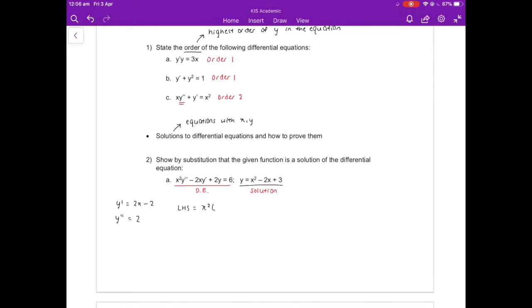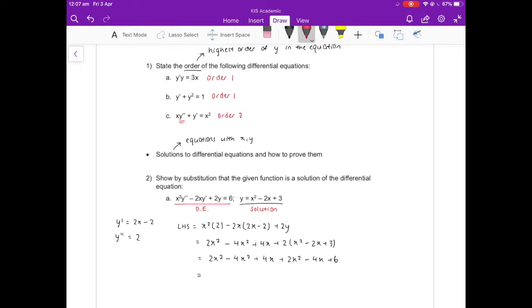x squared times 2 minus 2x times 2x minus 2 plus 2y, 2x squared minus 4x squared plus 4x plus 2y. Now y is x squared minus 2x plus 3. So we want everything in terms of x. That gives us 2x squared minus 4x squared plus 4x plus 2x squared minus 4x plus 6.